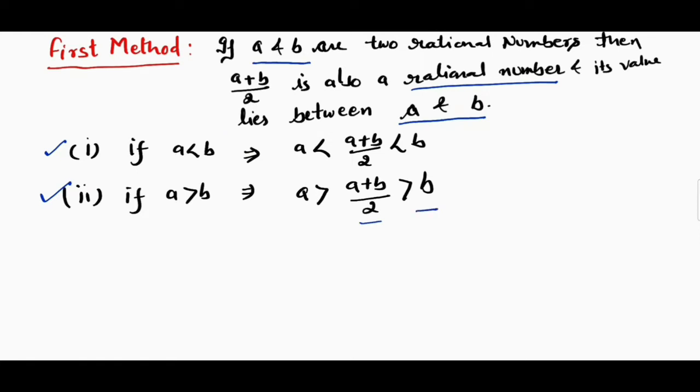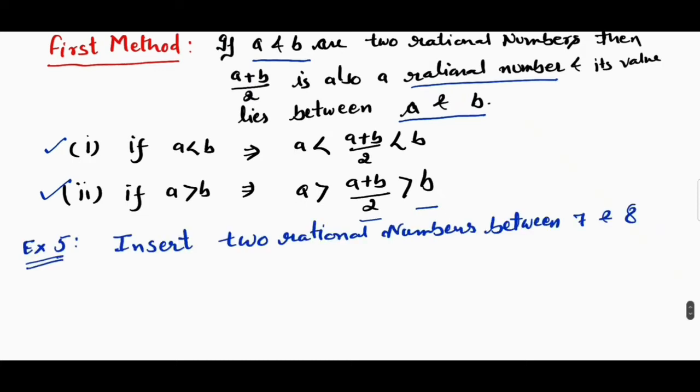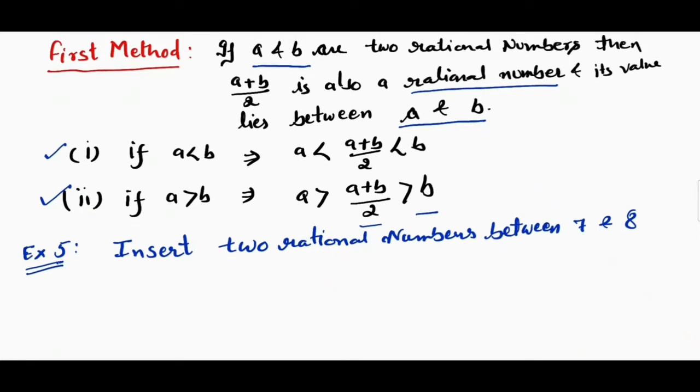So let's take one example and see how we can use this method to insert a rational number between two numbers. So here I have taken this example. Insert two rational numbers between 7 and 8. Rational numbers are 7 and 8, and the mean of these two numbers will be 7 plus 8 divided by 2, which is equal to 15 divided by 2.